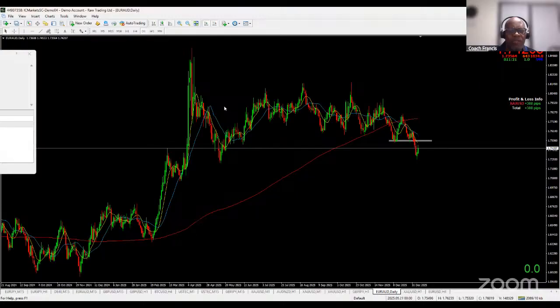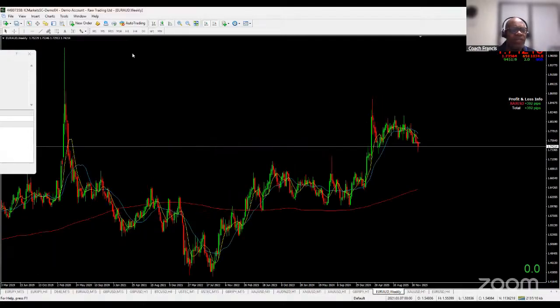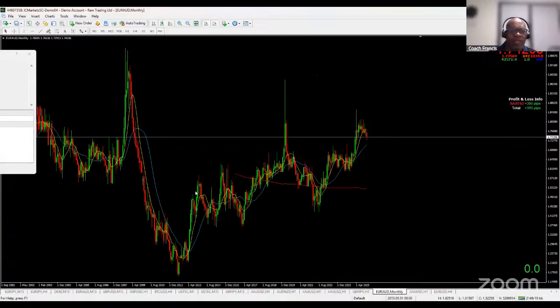Now let's zoom out. You can see it's been pretty much in an uptrend as well. Let's just look at other time frames. This is the weekly. That's a low, higher low.